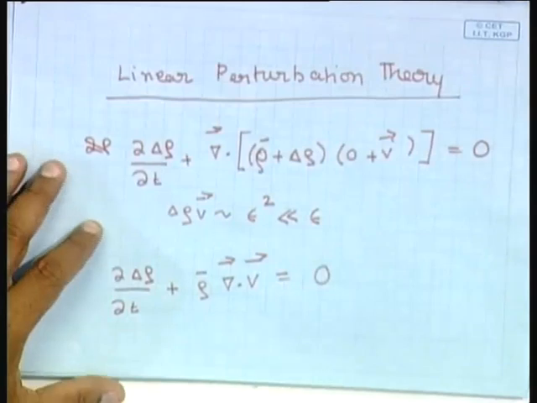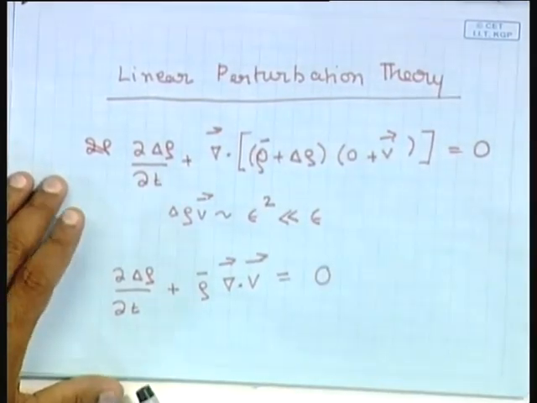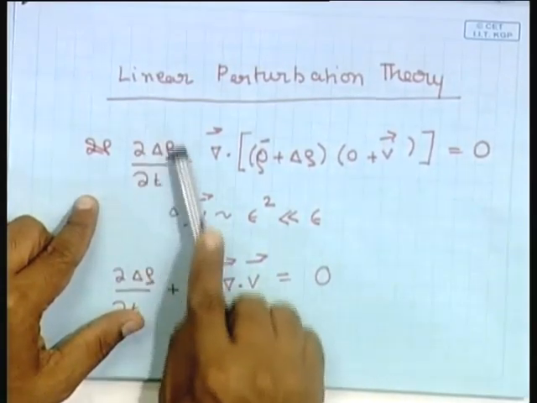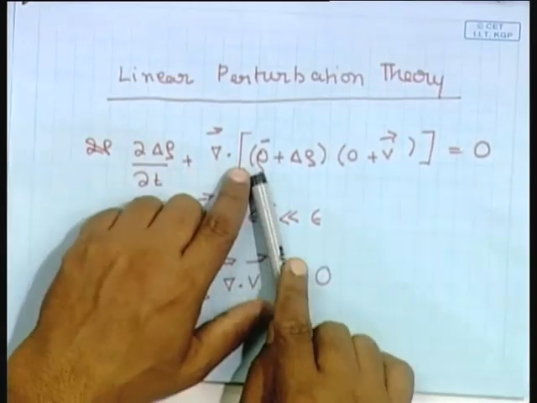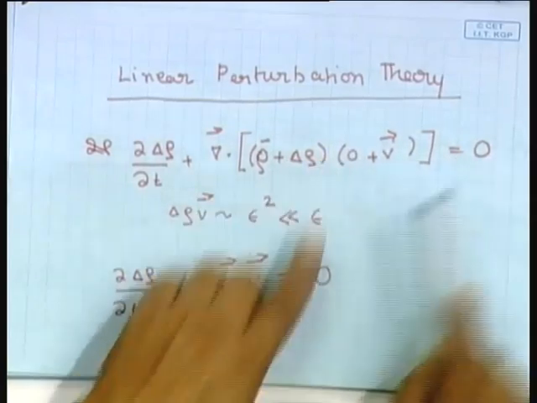If you take the continuity equation, the mean density is a constant, so you have an equation for the density fluctuation: the time derivative of this plus the divergence of (rho bar plus delta rho) into u is equal to 0.